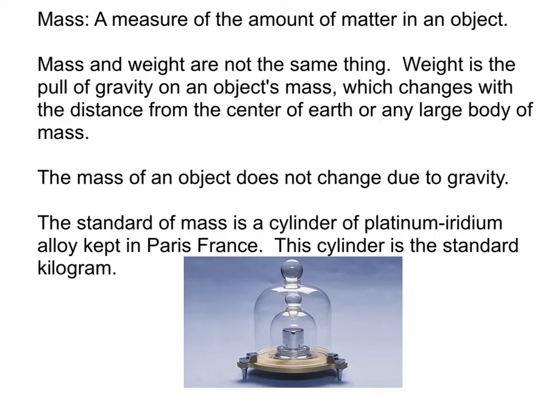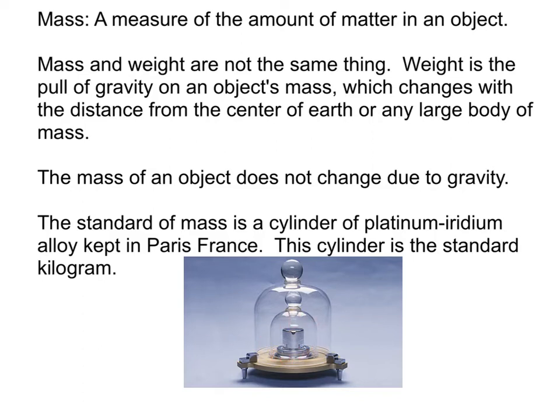So when you measure mass, you're really measuring the amount of matter in something. Mass will not change due to gravity. Looking at the bottom of the page, you can see inside these bell jars the only metric measurement that's still defined by a chunk of something and not by some definable standard.